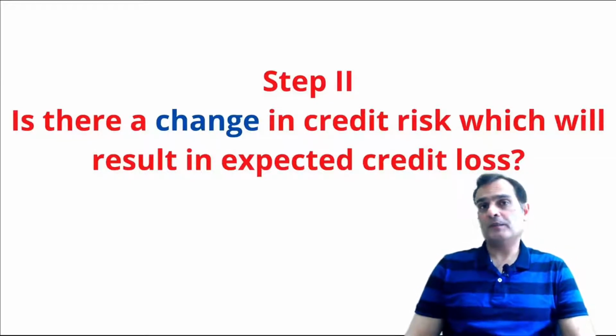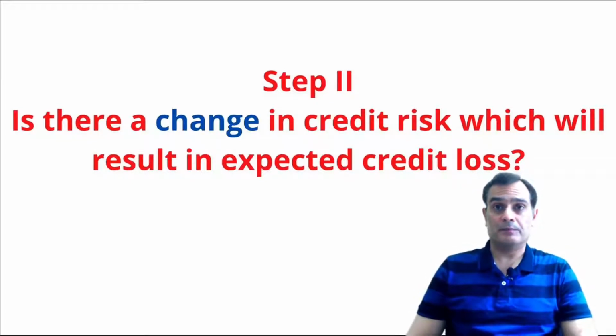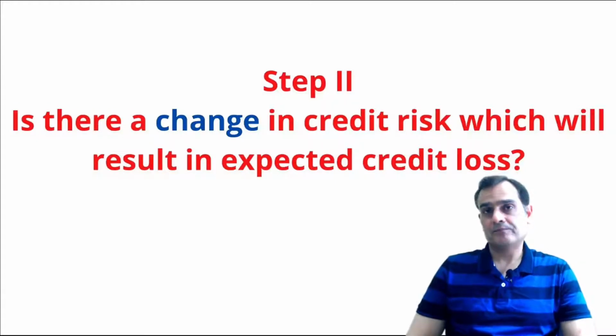Now, today in this video, I'm going to take step number two, but not in entirety. Step number two is that we look at whether there is a change in the credit risk, and that would result in an ECL, an expected credit loss. There are a couple of things we need to understand in step number two.